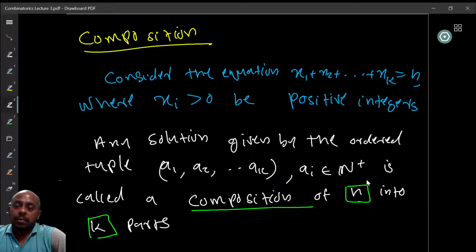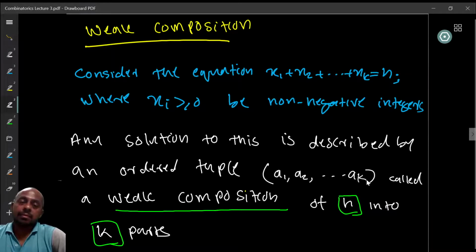Now, can you think of any argument to count the number of possible compositions or weak compositions? I tell you that both of these can be solved by some results that we already looked at.